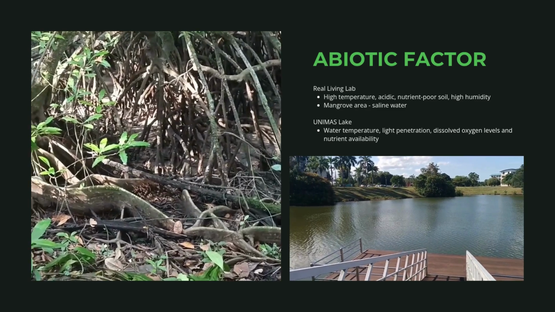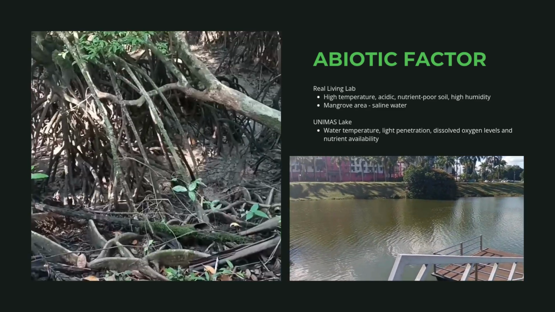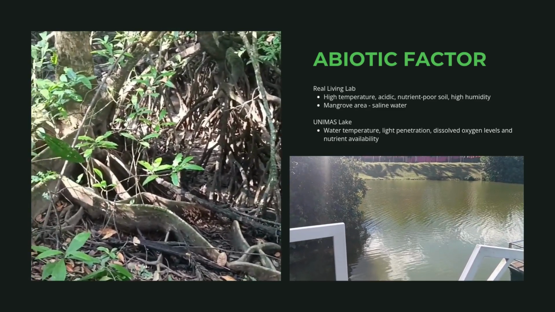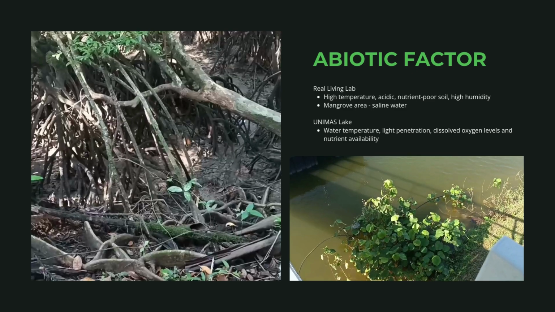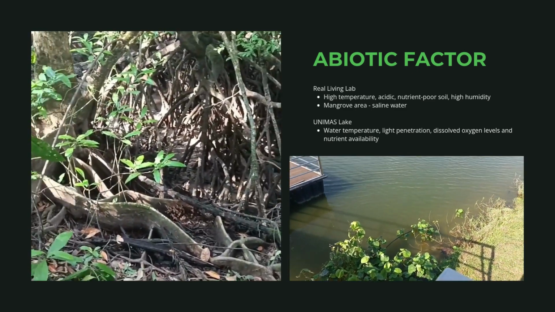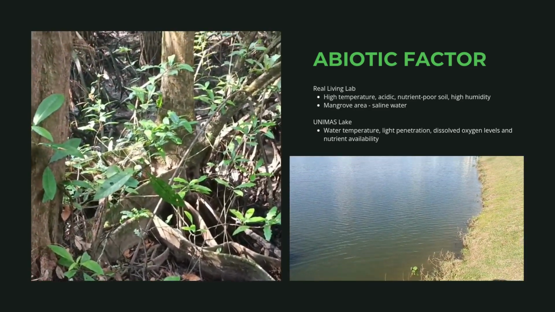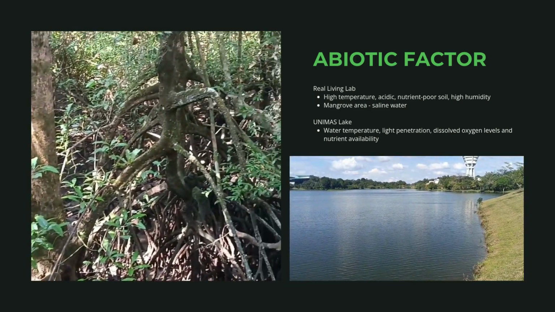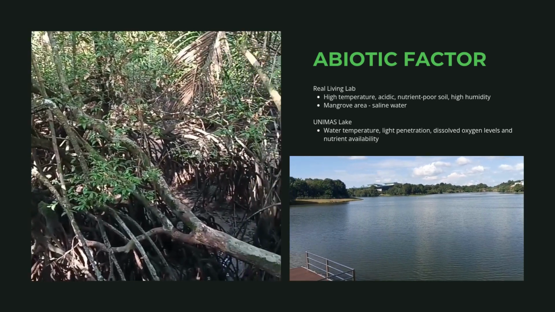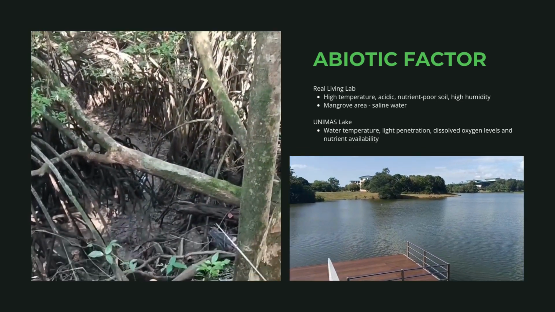These environmental conditions greatly influence species survival and their adaptation. In UNIMAS Lake, abiotic elements include water temperature, light penetration, dissolved oxygen levels, and nutrient availability. This determines the lake's productivity and biodiversity.